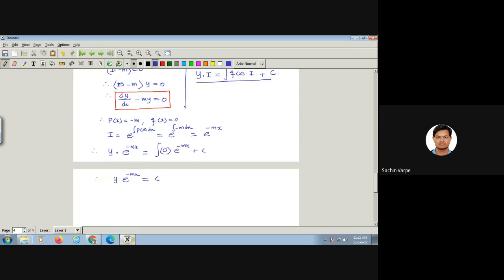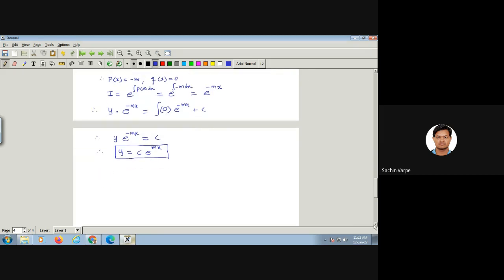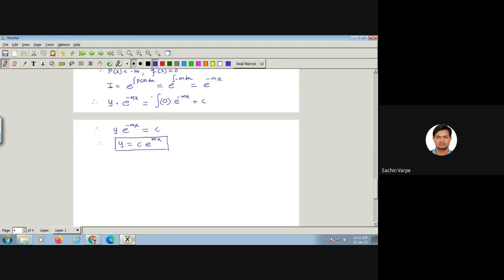So I'll divide this exponential term outside. What I'll get therefore? y is equal to c e to the power mx. So what I'm trying to show here is that with respect to the root m, we are getting its solution as c e to the power mx.